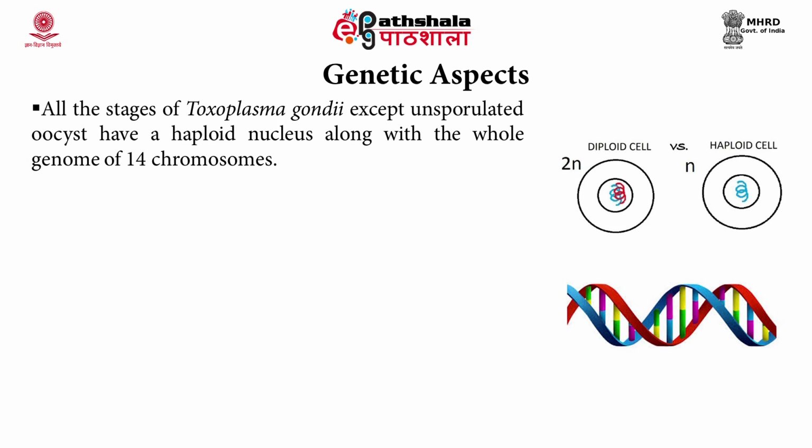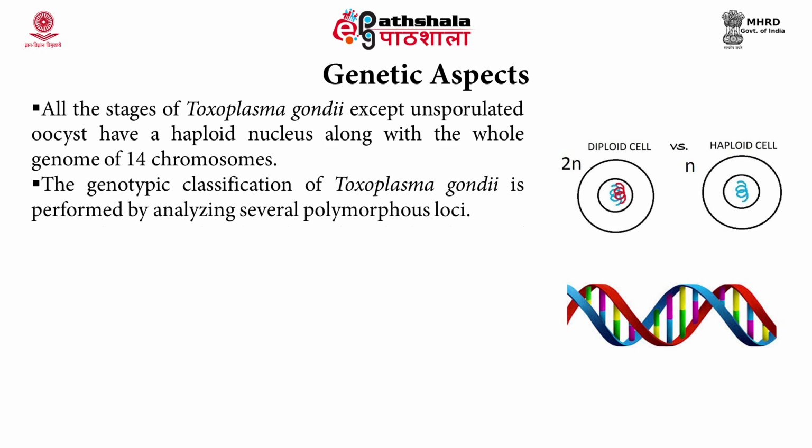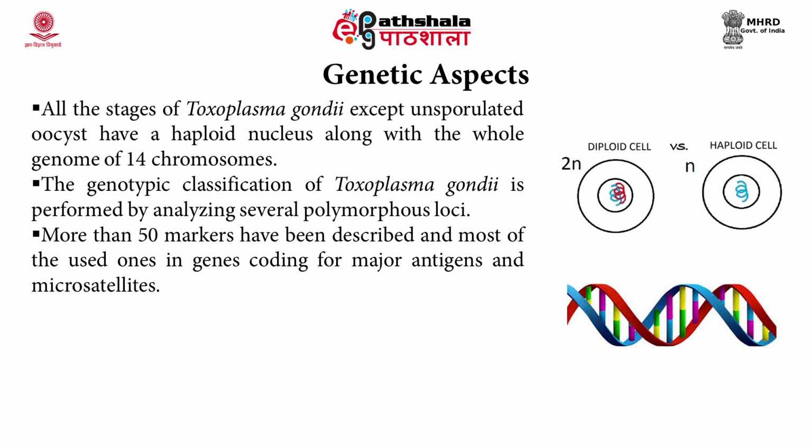All the stages of Toxoplasma gondii except unsporulated oocysts have a haploid nucleus along with a whole genome of 14 chromosomes. The genotypic classification of Toxoplasma gondii is performed by analyzing several polymorphic loci. More than 50 markers have been described, and the most used ones are in genes coding for major antigens and microsatellites.